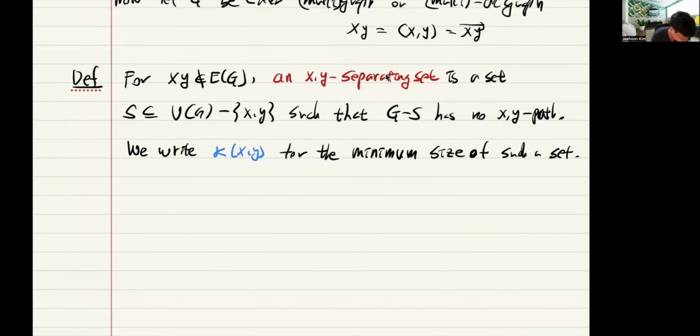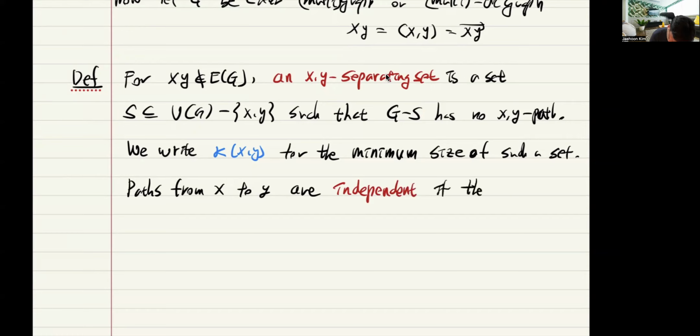And we say the paths from x to y are independent if they share no internal vertex.